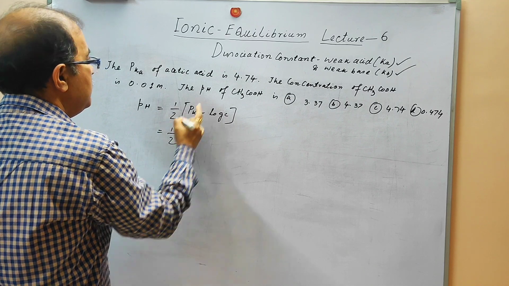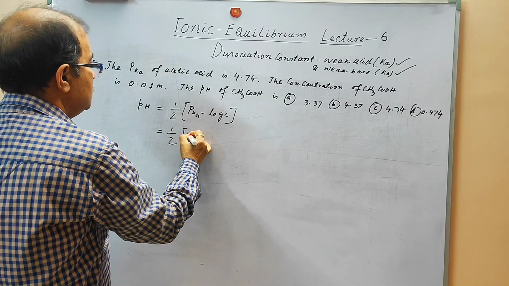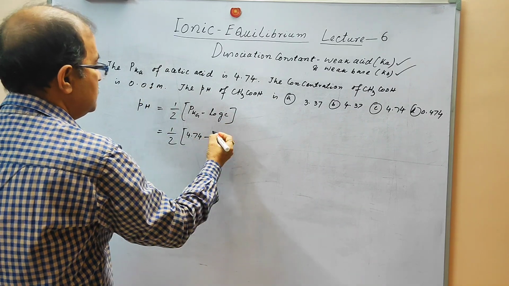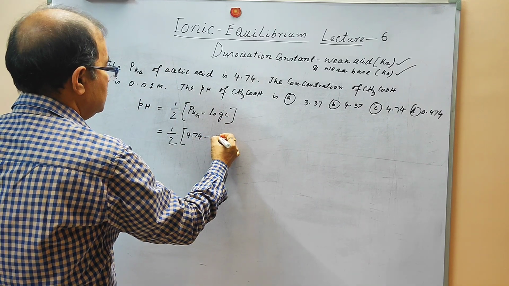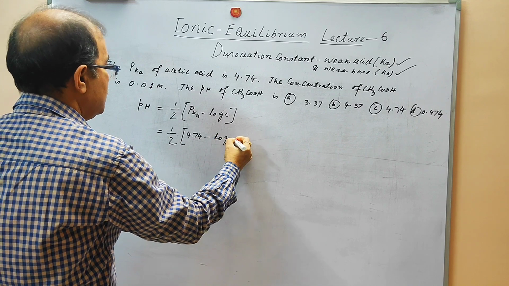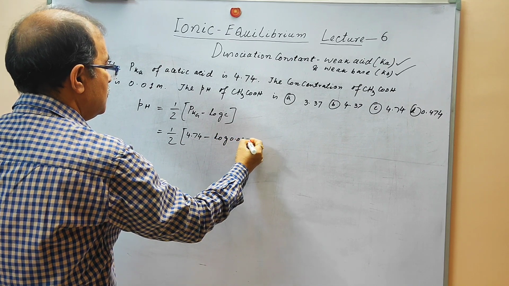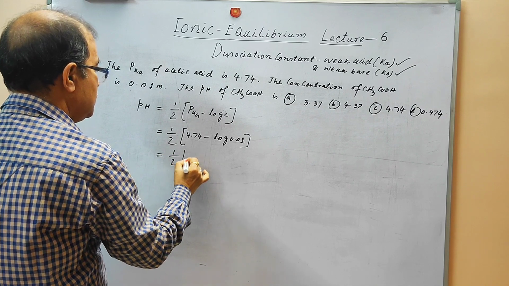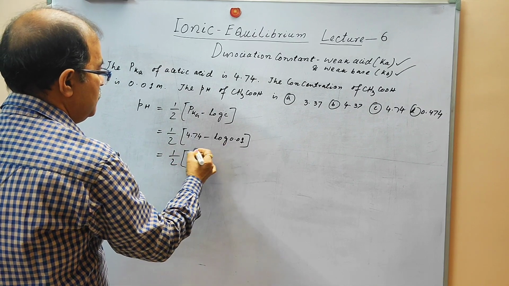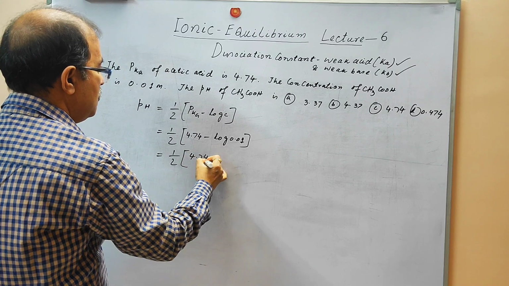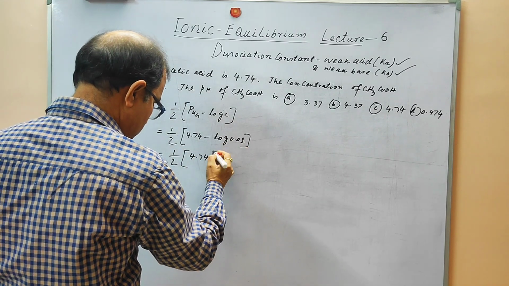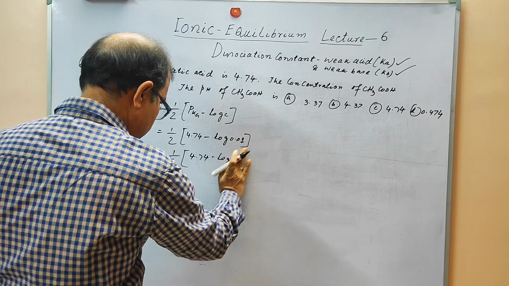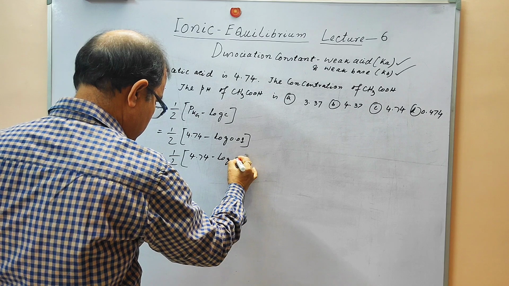So here, half, the pK value is given, 4.74, minus log C, that is given. So half minus log of 0.01, and you can write it as minus log 1 by 10 to the power minus 2.